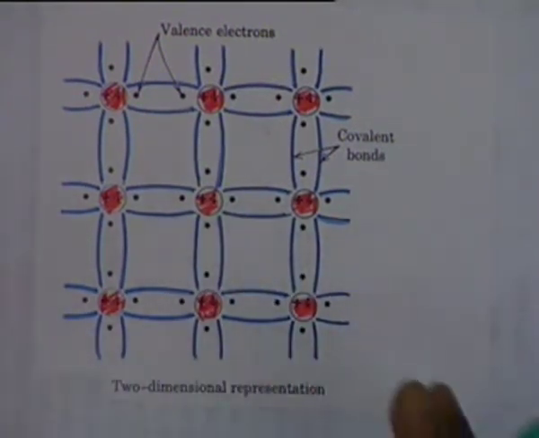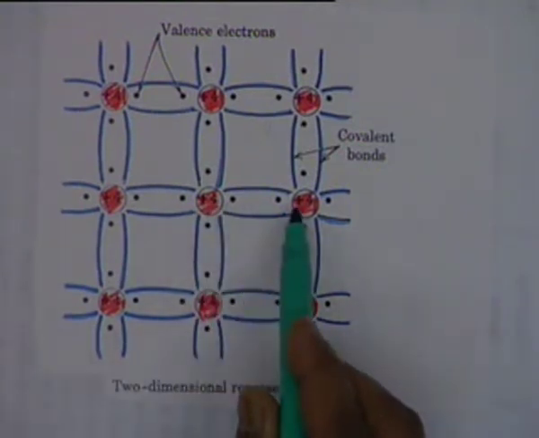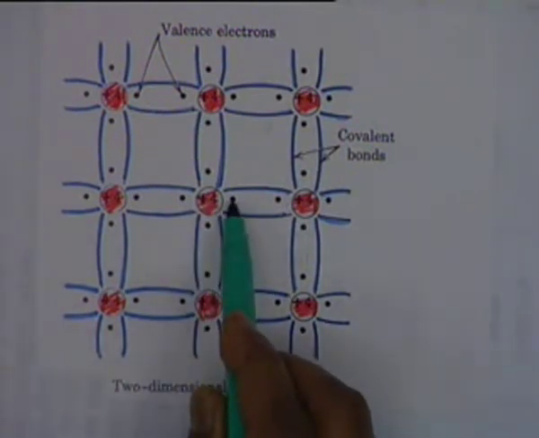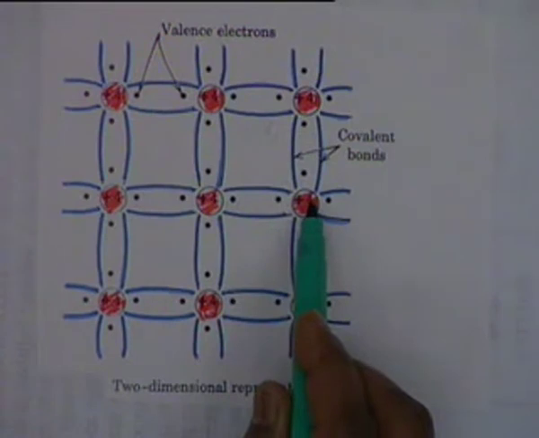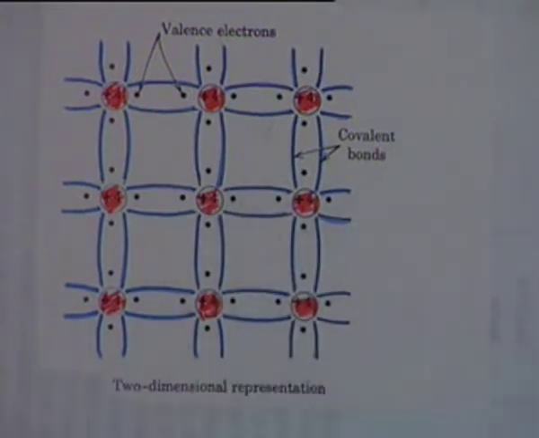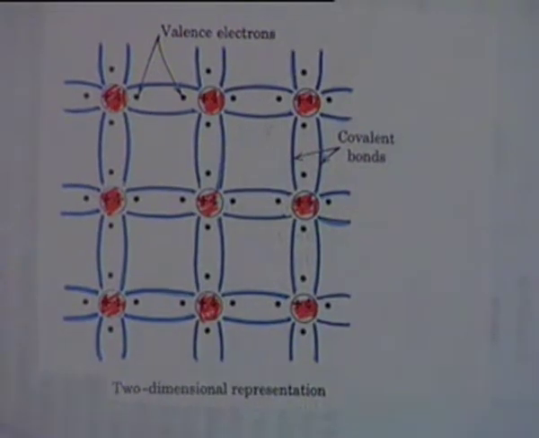Now, the atoms place themselves in such a manner that 2 neighboring atoms share their electrons. That is, this atom shares 1 electron with this. Similarly, it also shares 1 electron with this. So there are these blue lines, which are kinds of hands.